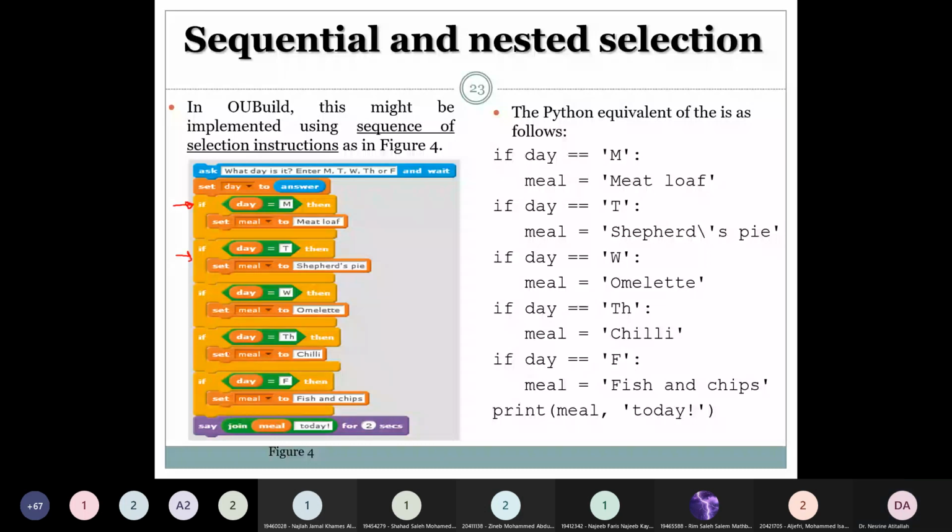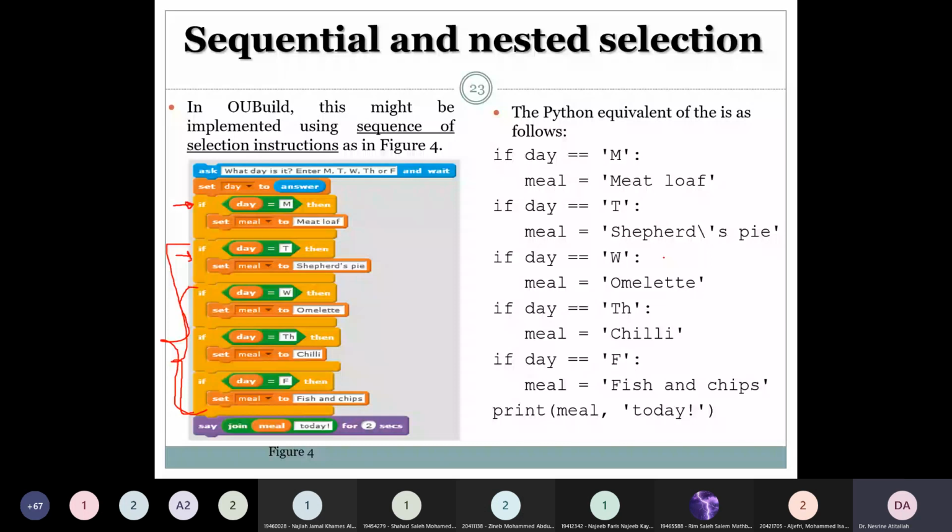So there are some unnecessary instructions that will be evaluated, even when it is not necessary. In Python there is an equivalent version: if day is equal to M, meal equals meatloaf, etc. The previous code will work perfectly, but it is not very elegant.